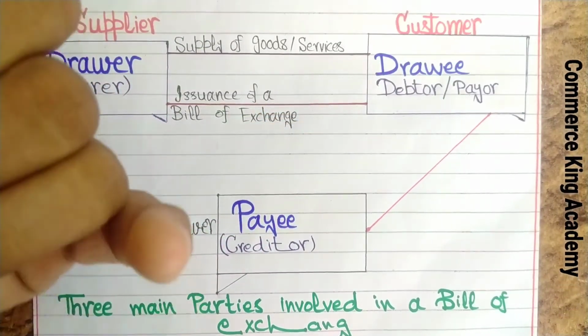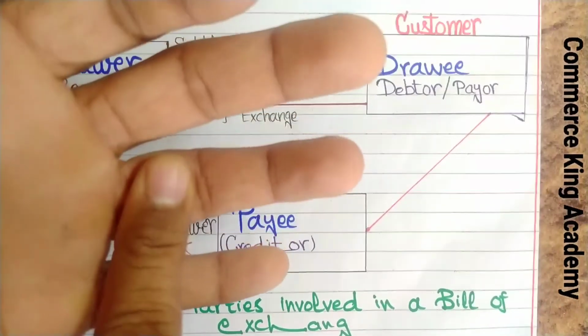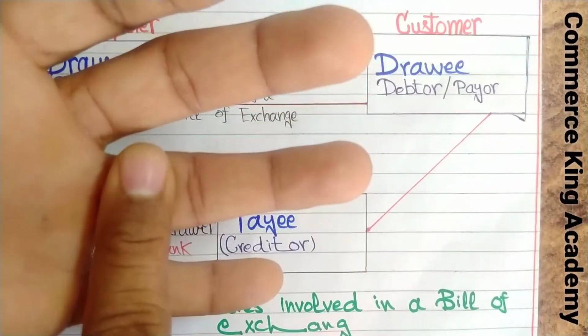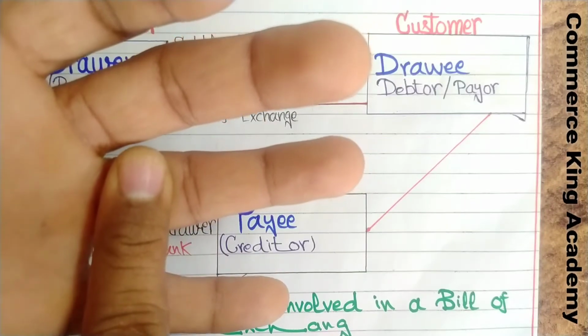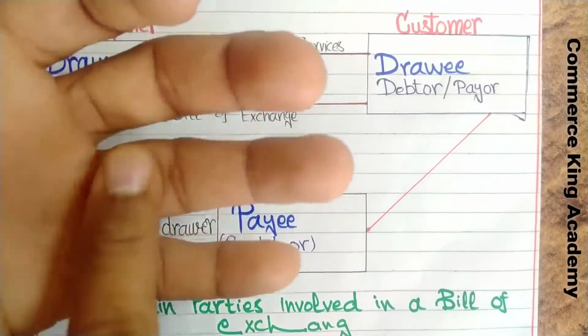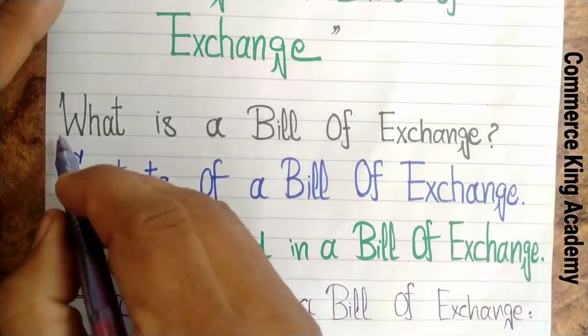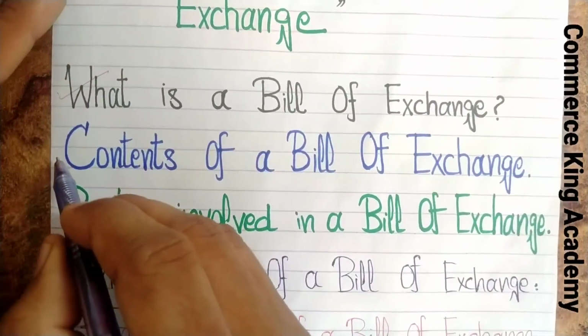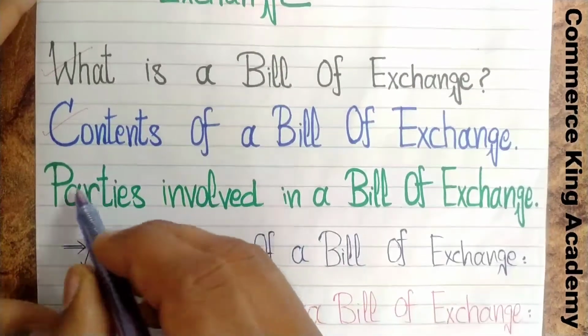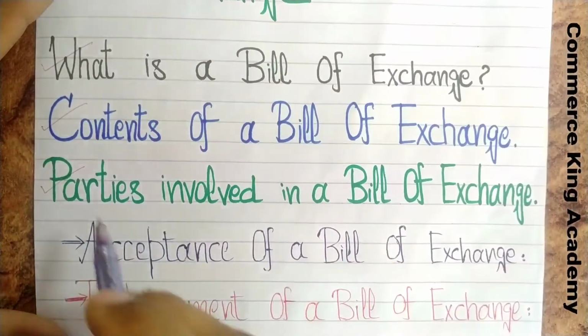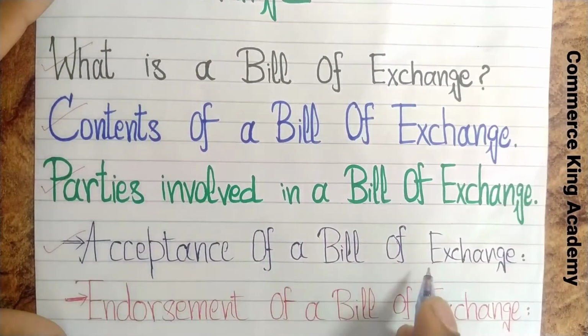Our next step about the bill of exchange is its acceptance. So let's start with acceptance. We have done this one and this one and also this one. Now, acceptance of bill of exchange.